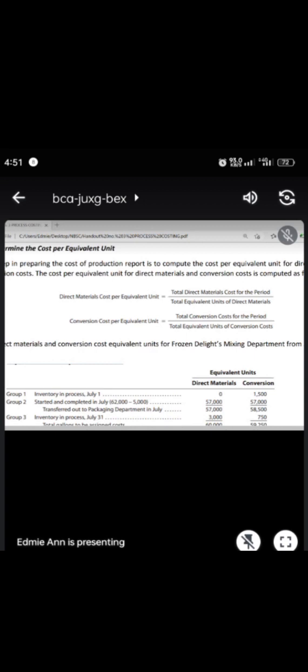Now, for conversion cost per equivalent unit, same with direct materials. You get the total conversion cost. What are the conversion costs? Direct labor, ma'am. Direct labor and factory overhead.